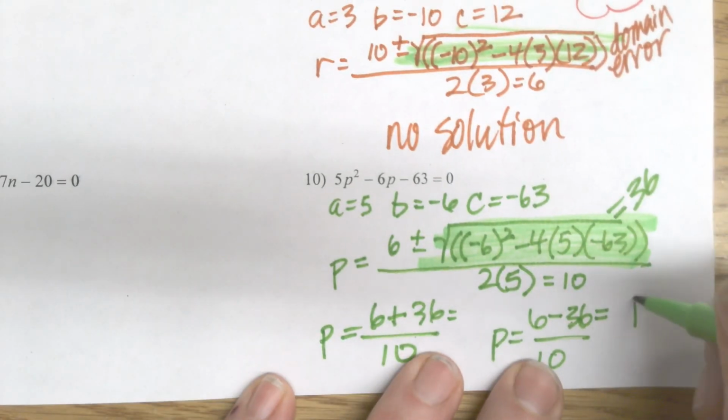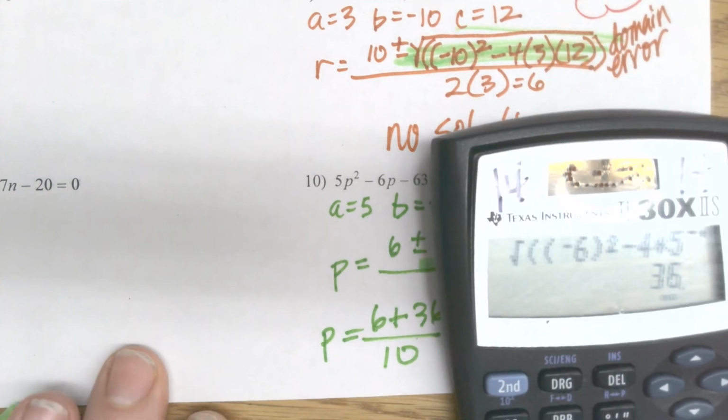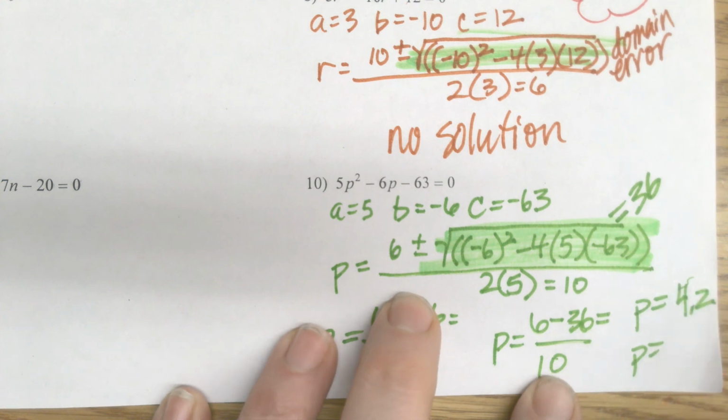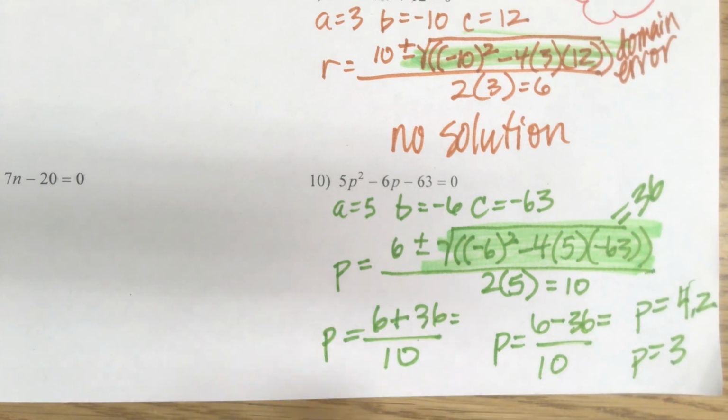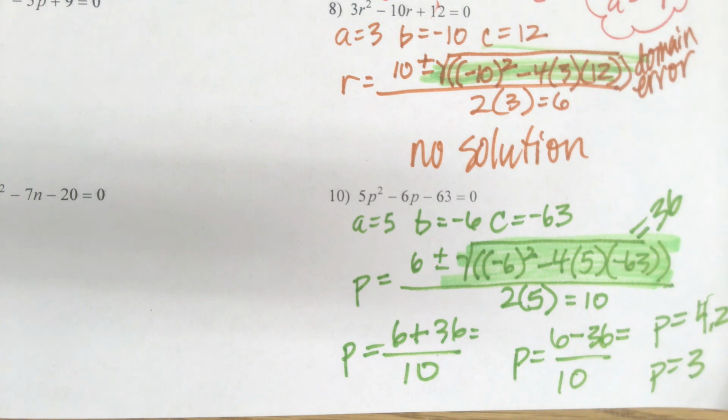So my 2 answers are 4.2 and -3. Does that look right? Did you guys do it? Okay. So your job is to work through the odds. Again, keep in mind you will have 2 with no solution.